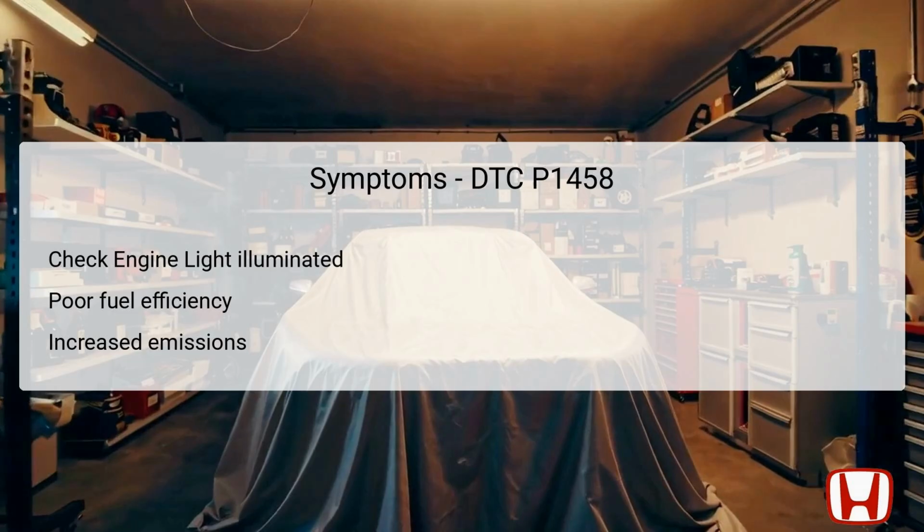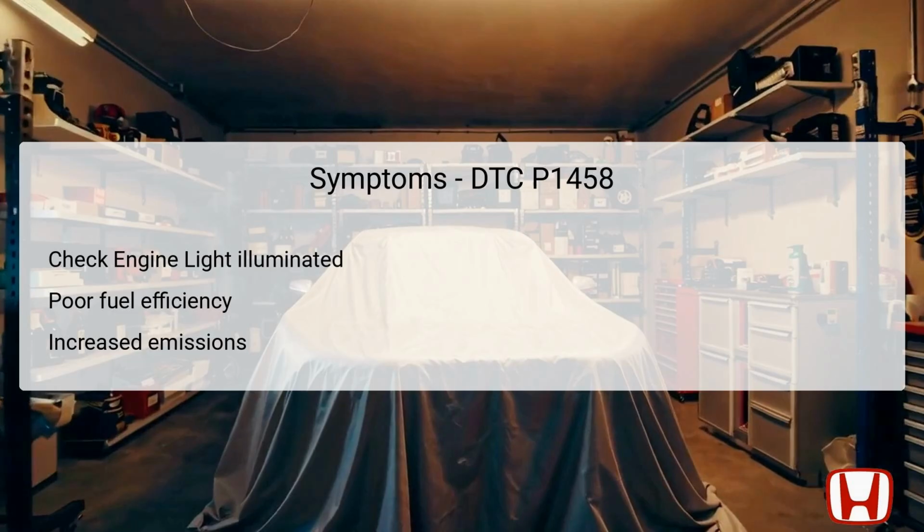Furthermore, a malfunctioning FTP sensor can lead to increased emissions, which not only harms the environment, but may also result in failing emissions tests. Addressing DTC P1458 is critical in maintaining the vehicle's performance, compliance with emission regulations, and overall driving experience.